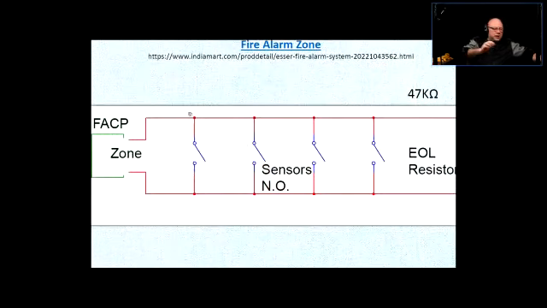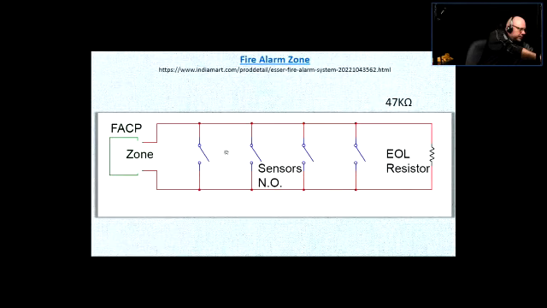Now, how is the zoning solved? Remember, zones are trigger points, and same as a security alarm, a fire alarm can have zones. A zone is a triggering circuit, and usually there is no less than 8.